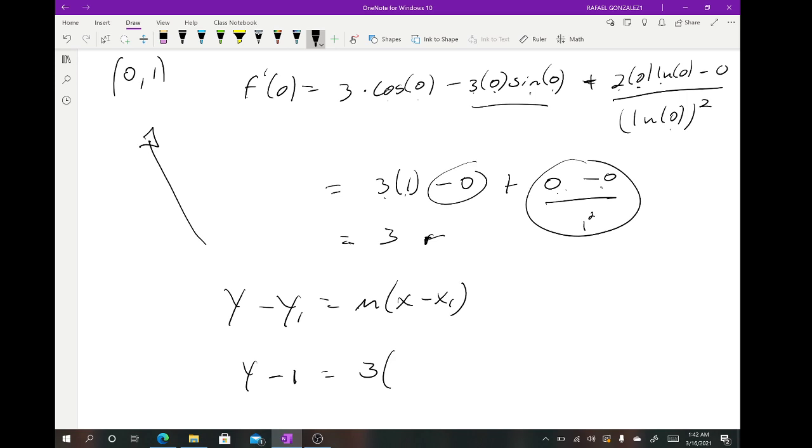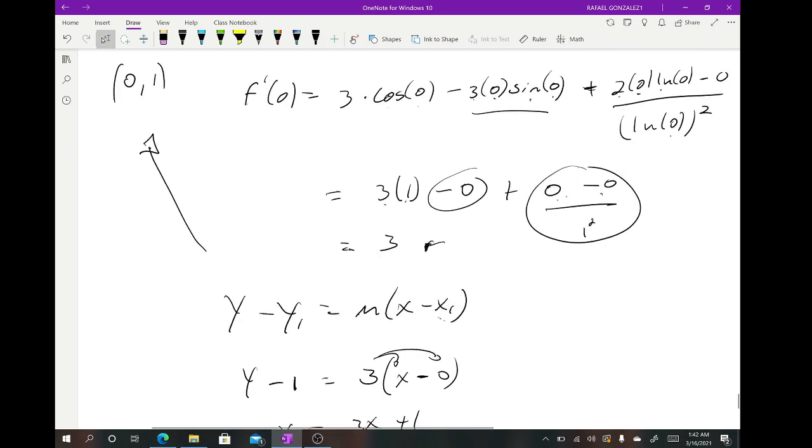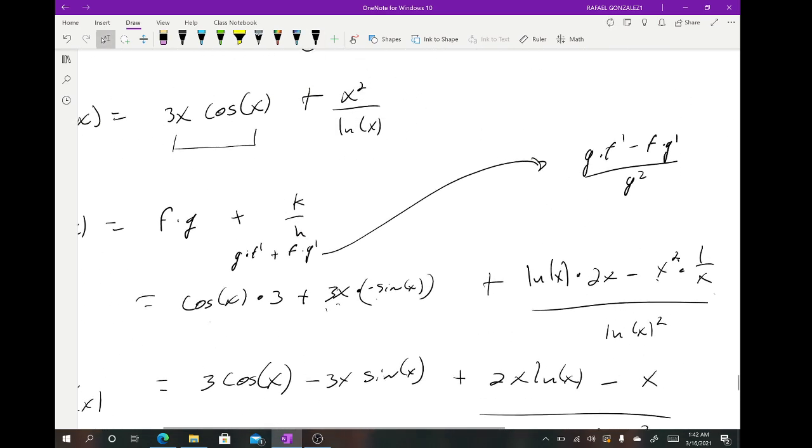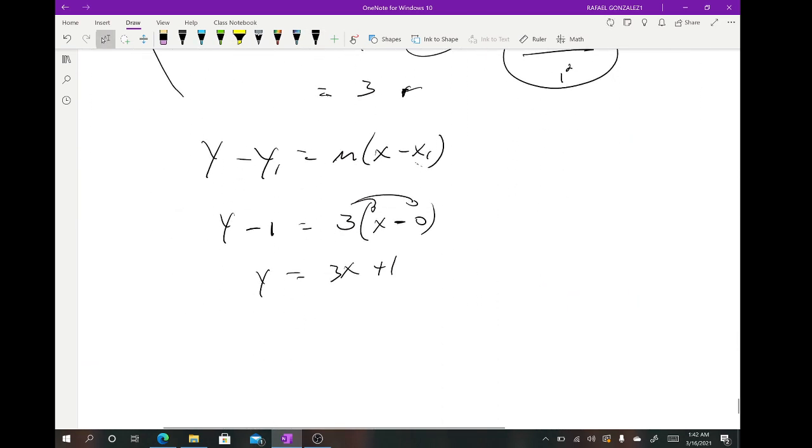The derivative evaluated at the point gives us a slope. And then x1 here is 0, so this is x minus 0. So that's going to be equal to 3x plus 1. When you simplify, you get that. So that's the equation of the tangent line for this particular problem at the point 0, 1.